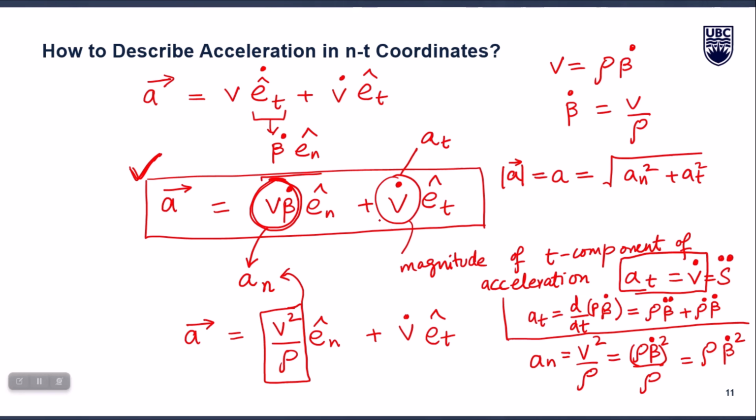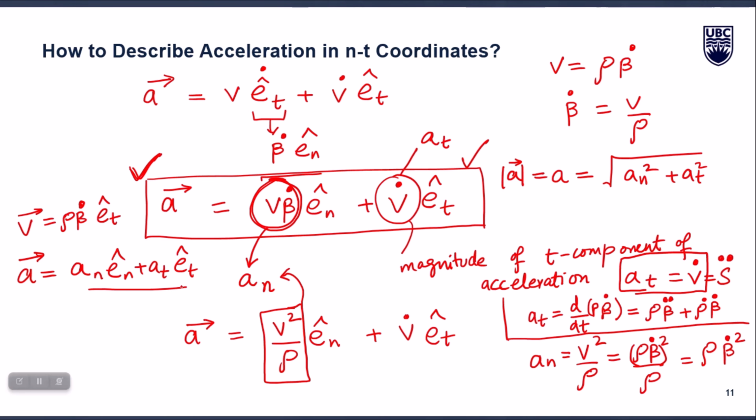So this equation can also be written as a sub n times e sub n plus a sub t times e sub t. So you are simply combining both components to get the a vector. For velocity, it's a simple case. Velocity only has one component, so the v vector will simply be rho times beta dot times the e sub t unit vector, right? It won't have a term involving e sub n, but acceleration has both terms.